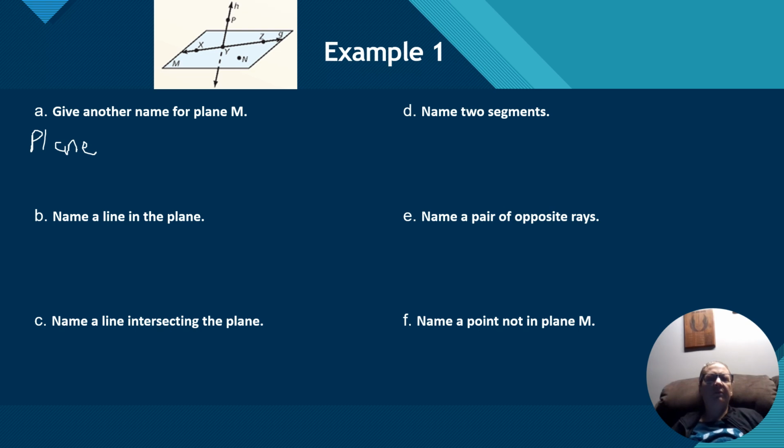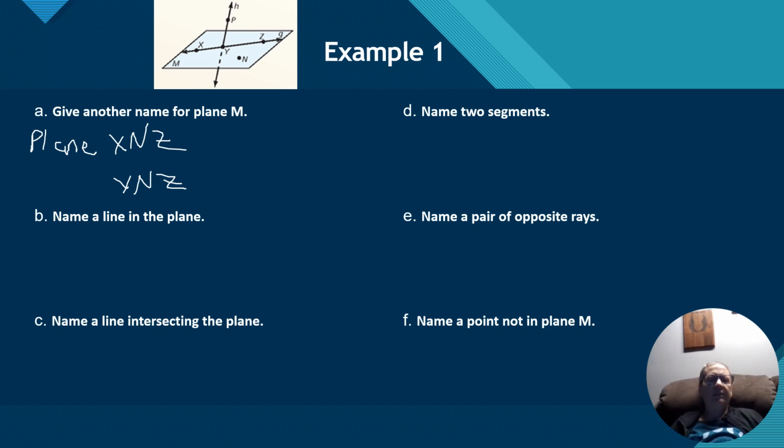And then I'm going to give 3 letters that are not on that same line. So I could do X and Z. I could also use Y and Z. It would be another possibility. I'm not going to rewrite the word plane. You can write one of those, so you don't need to write both.